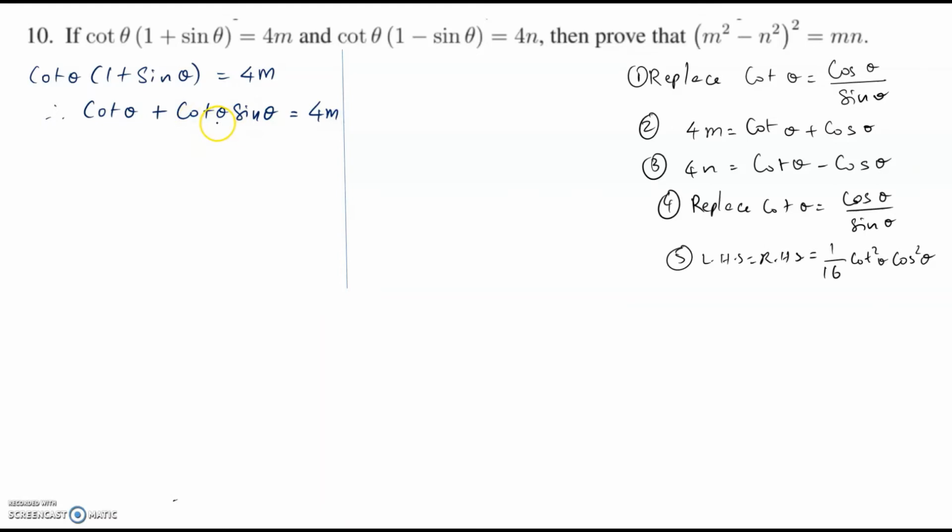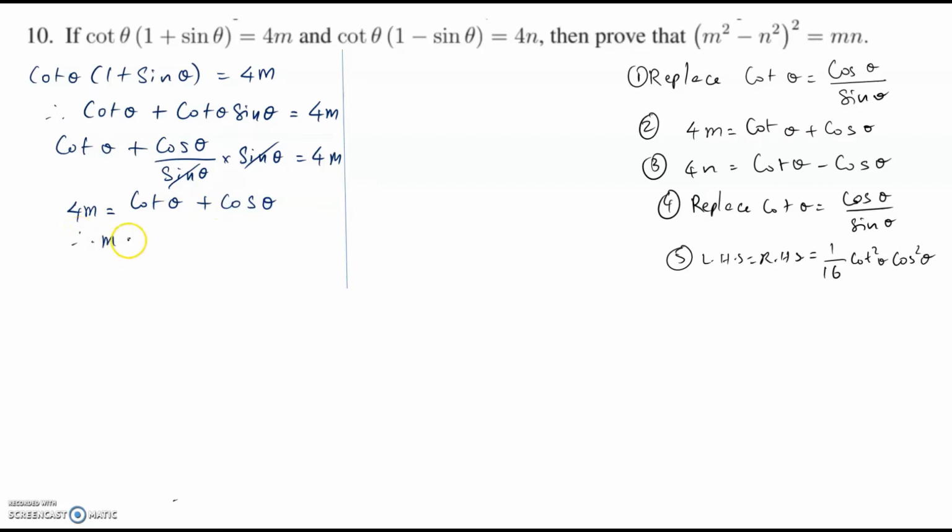Replacing cot theta here with cos theta by sine theta, you get cot theta plus cos theta by sine theta into sine theta is equal to 4m. Now sine theta will get cancelled here. So your 4m now is equal to cot theta plus cos theta.